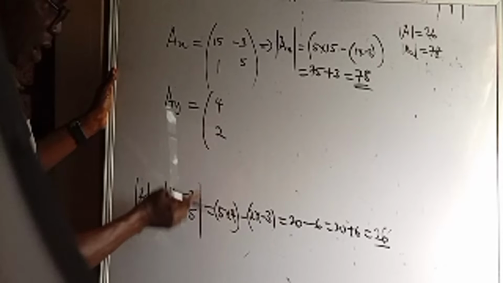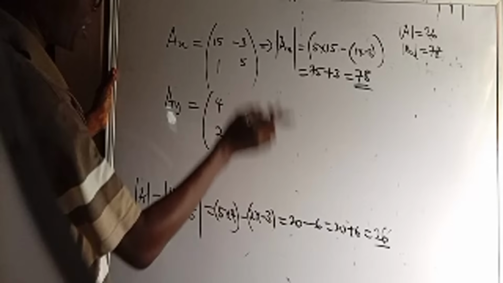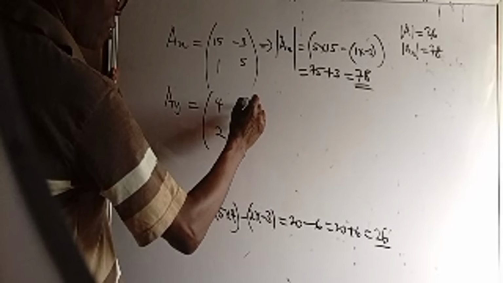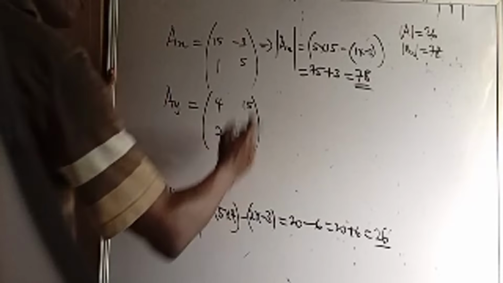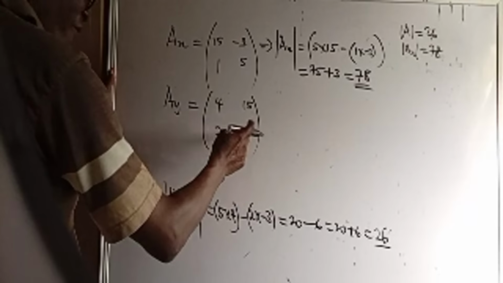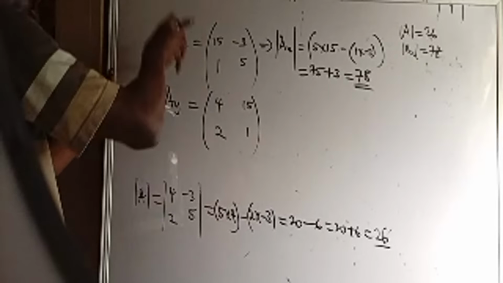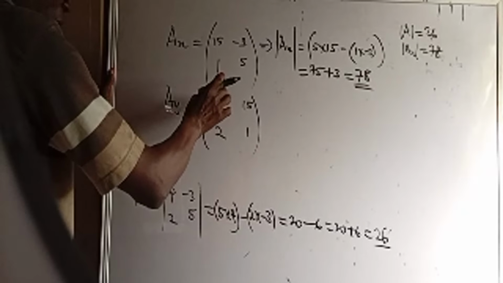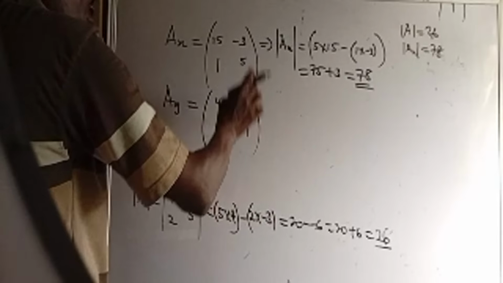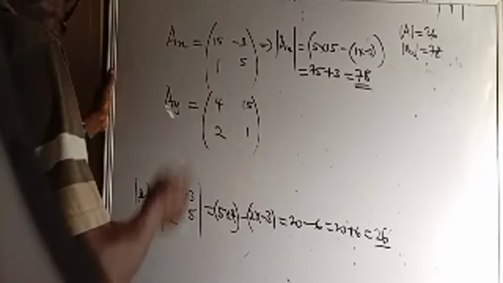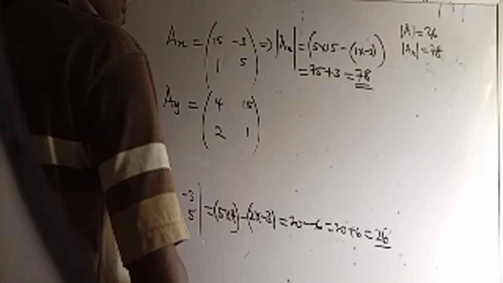We know our Y column was -3, 5. So it will now be replaced by 15 and 1. So we have replaced the column for Y. Originally, Y here was -3 and 5. So just like we did for AX, we do for AY. The column for X will be retained, but we interchange the column for Y with what we had as a constant.